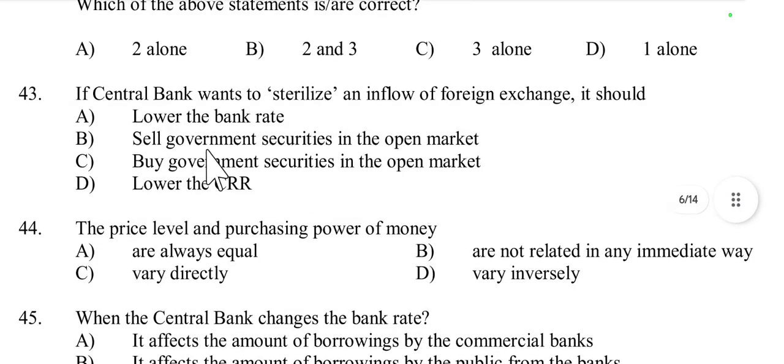Then question number 43. If the central bank wants to sterilize an inflow of foreign exchange, it should dash. When the central bank wants to sterilize an inflow of foreign exchange, it aims to neutralize the impact of the increased money supply caused by the inflow.